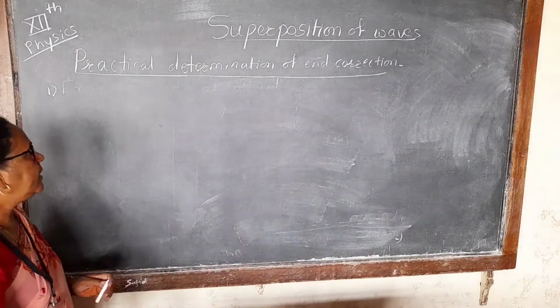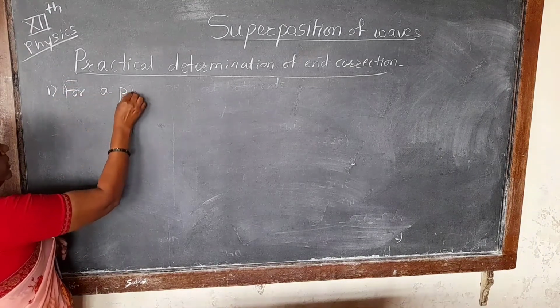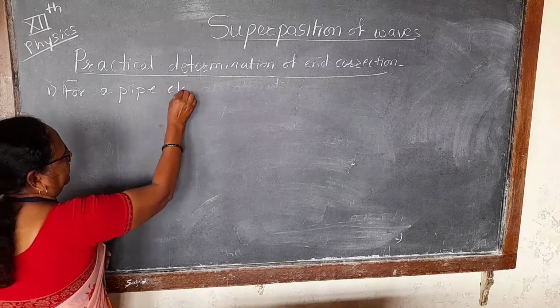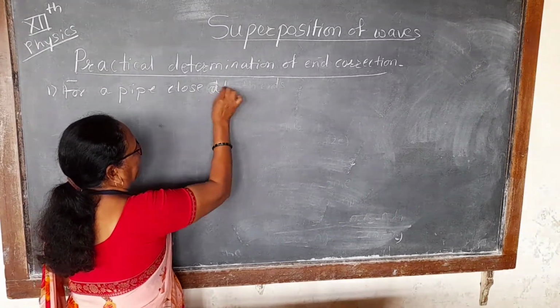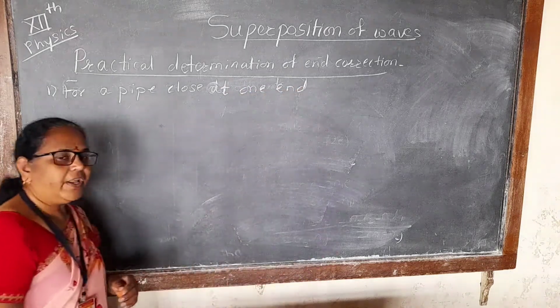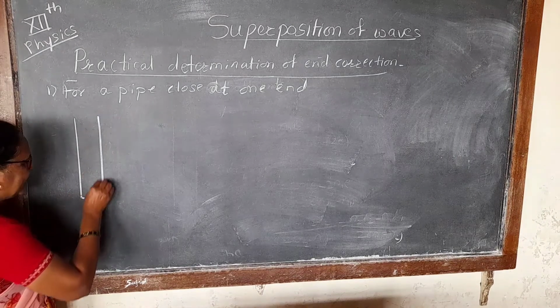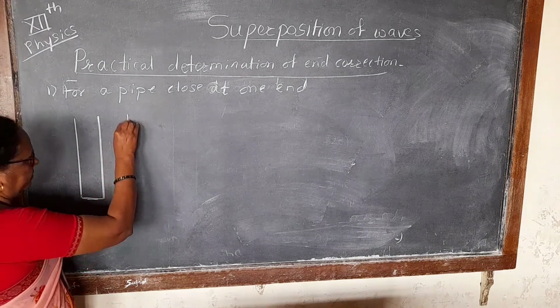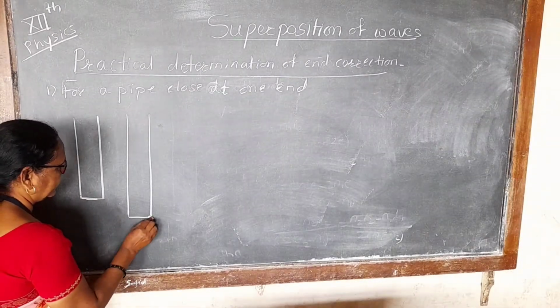Now let us see the case of a pipe closed at one end. Again we are going to consider two pipes of the same diameter but different lengths.